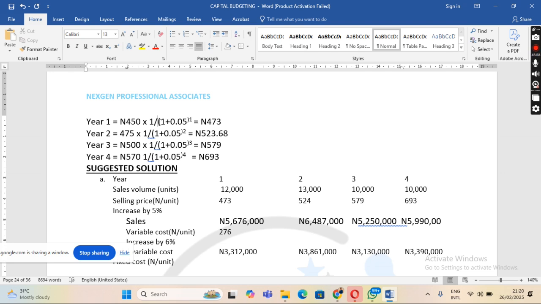If you add minus, it becomes DCF. This is a normal inflation. If it's going to be the normal inflation, that one over will not be there. Thank you, everyone.